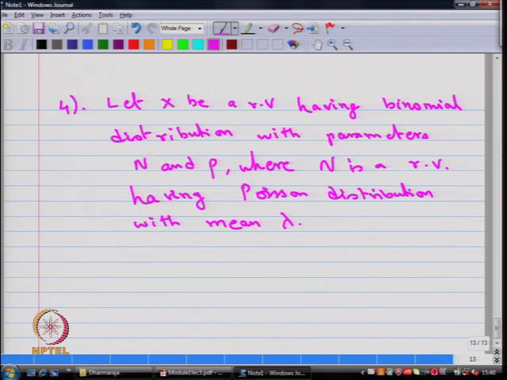The question is, find the marginal distribution of X, or find the probability mass function of the random variable X.